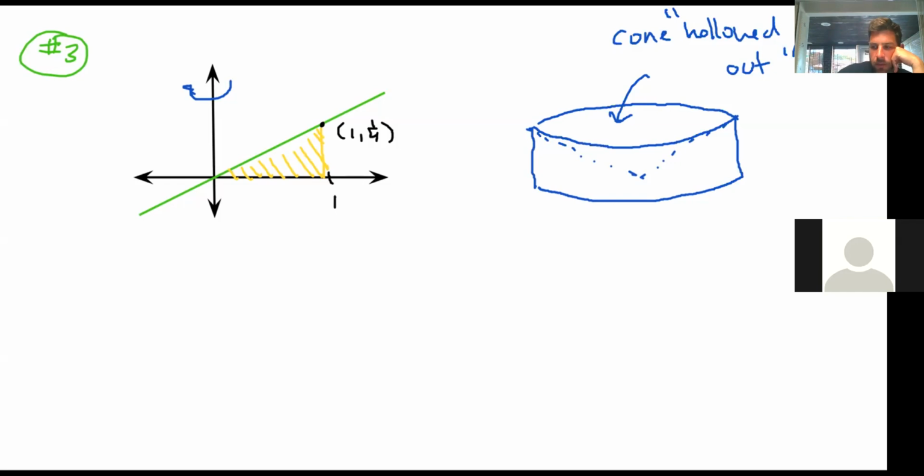Maybe I can use another color here to help you envision that. Anyways, no matter how you slice it, because this is rotated around the y-axis, probably the easiest way is to use the shell method.